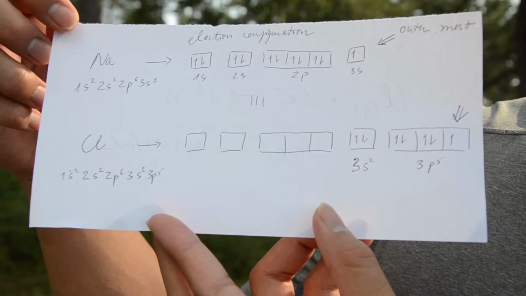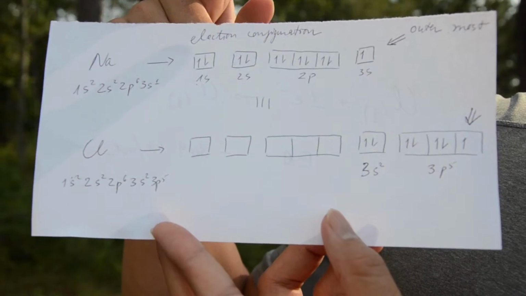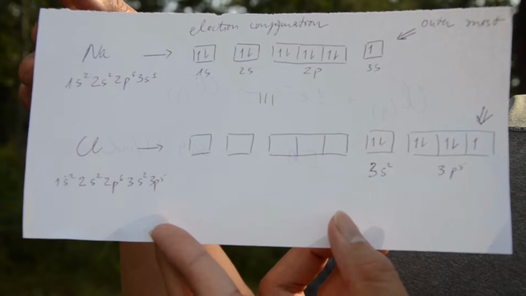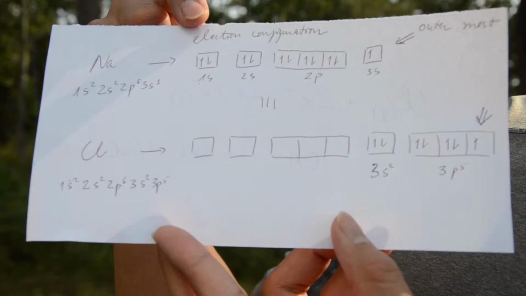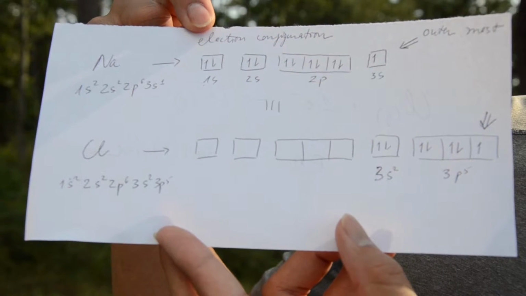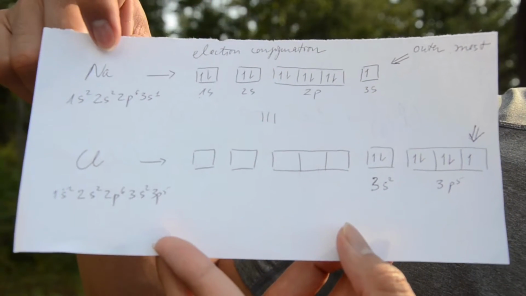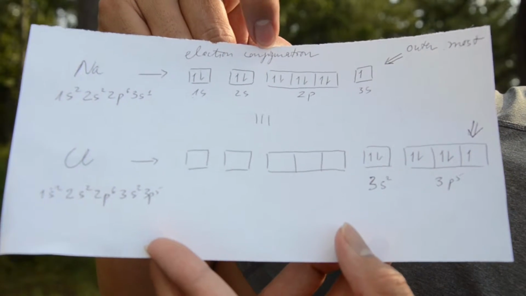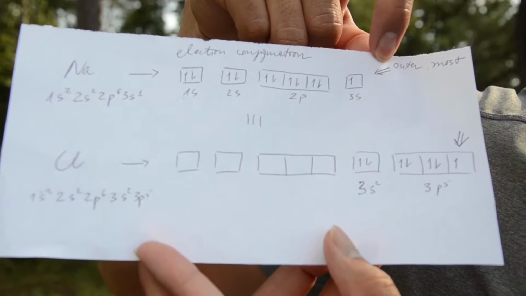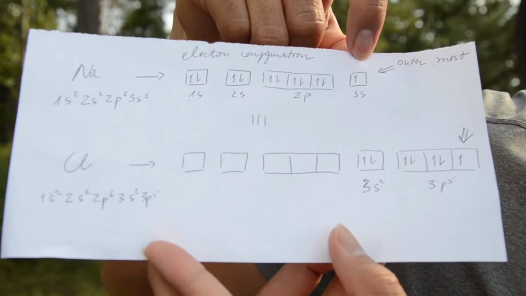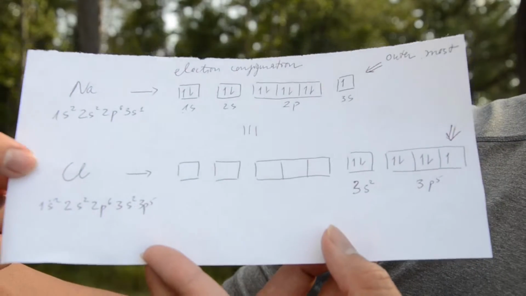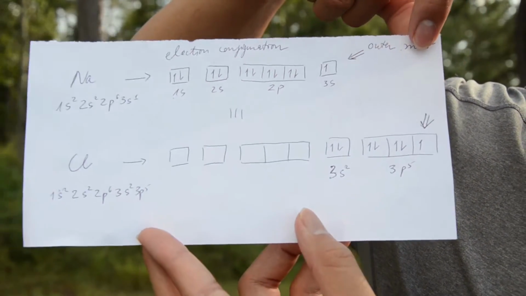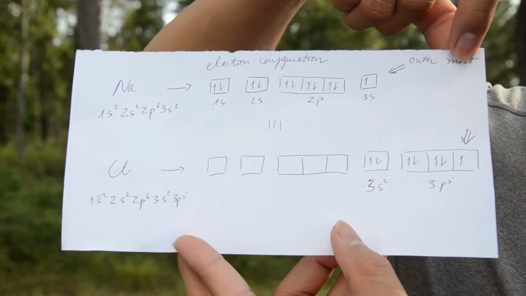Okay, so based on the periodic table properties we learned so far, would you expect more energy to be released by sodium or chlorine when an electron is gained? You see, sodium's outermost electron configuration is 3s1, and chlorine's outermost electron configuration is 3s2 3p5.